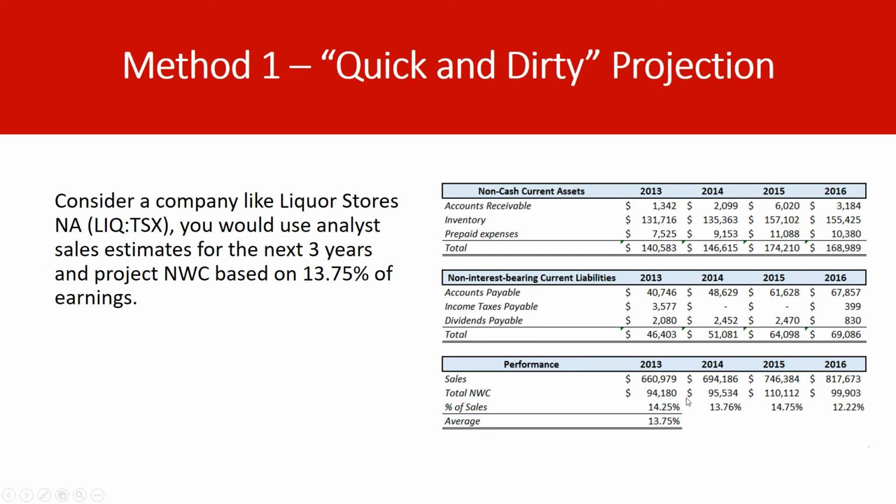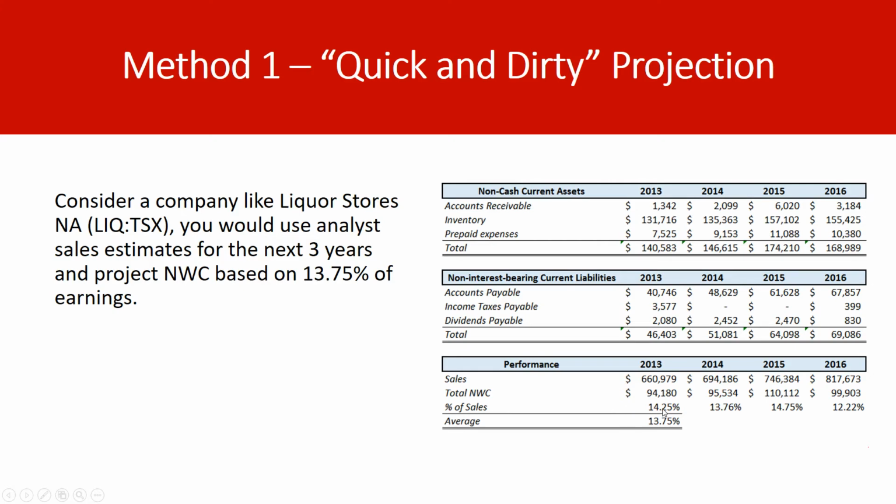But for method number one, what you want to do is take that number, look at sales, and divide this number by sales to calculate the percentage of sales tied up in total net working capital. Even though this company has been going through some struggles due to the fall in oil prices and its position in the market, even with that volatility in sales, which comes later on, you'll see that the percentage of sales when looking at net working capital is relatively consistent.